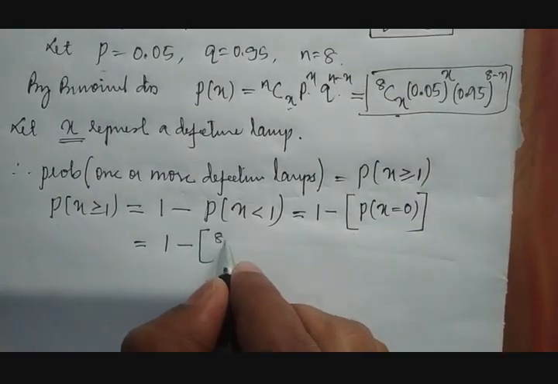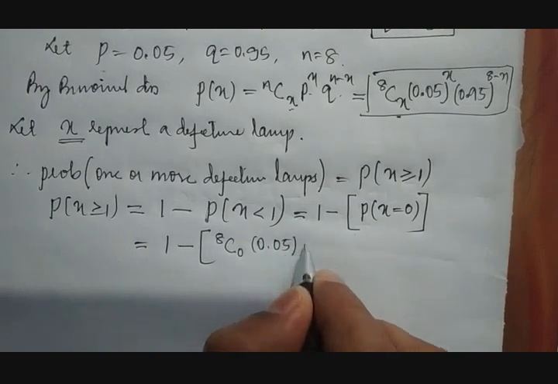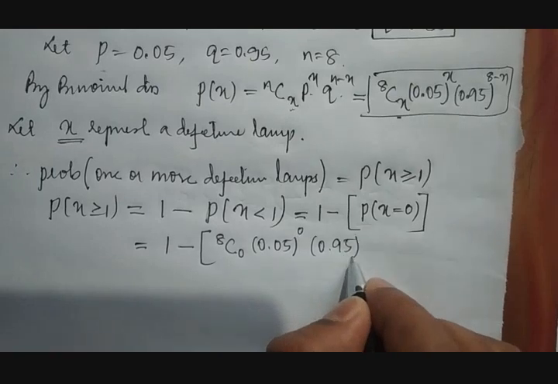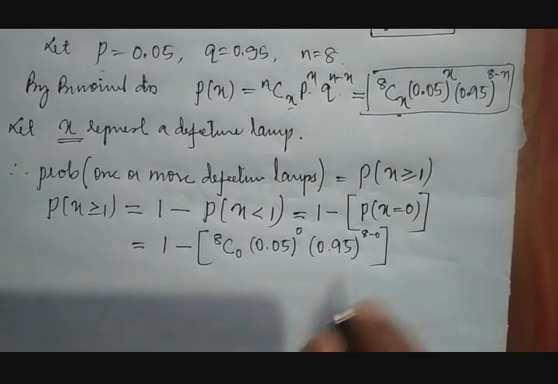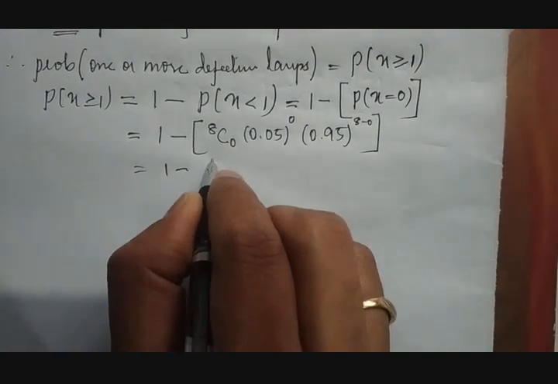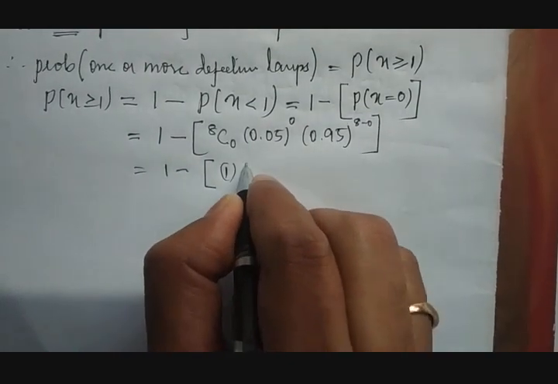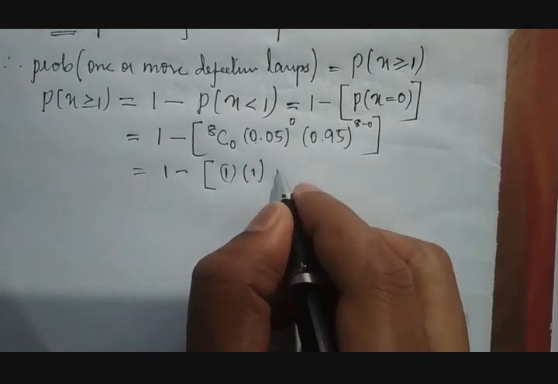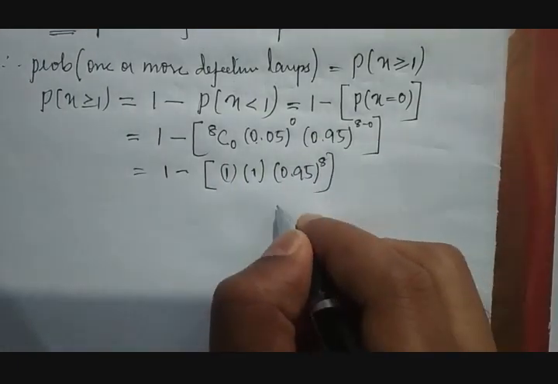Then it becomes 8C0, 0.05 raised to x which is 0, 0.95 raised to 8 minus x, meaning 8 minus 0. This is equal to 1 minus 8C0, that is 1, times 0.05 raised to 0, anything raised to 0 is 1, times 0.95 raised to 8.